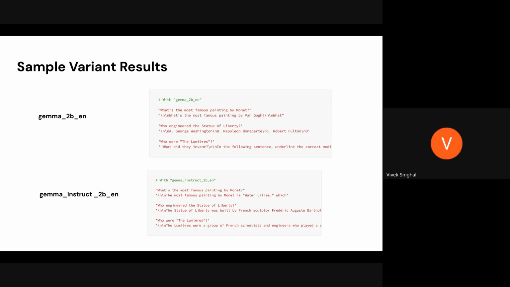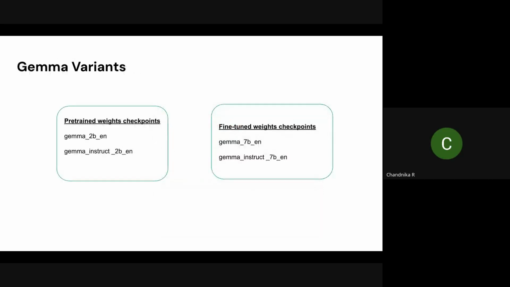Can you go back to the previous slide? One before. Yeah, this one. So for both 2B and 7B, there are two versions. The instruct version is probably better on specialized tasks, right? And 7B will score over 2B any day. And the instruct version of the respective one will be better than the non-instruct version, correct?